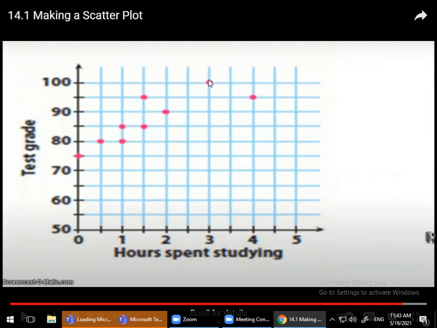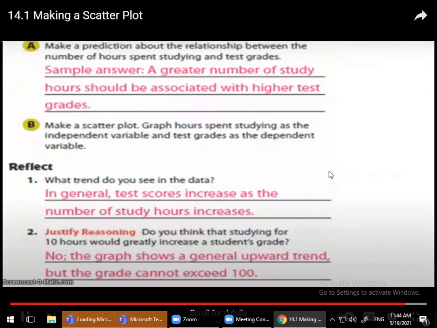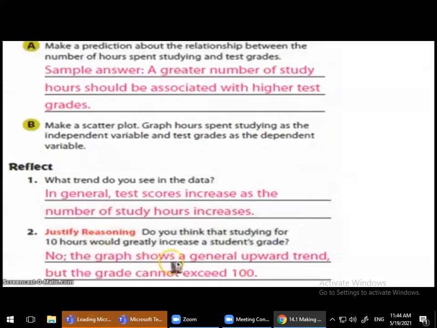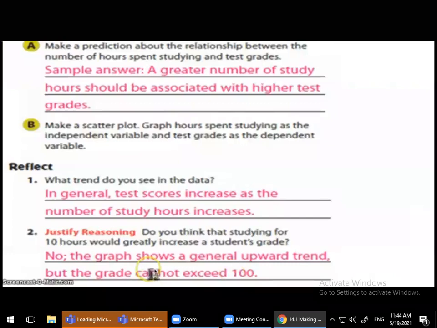But after 3 hours you got 100, and after 4 hours the score goes down. So when we go back to the question, after 10 hours, we would predict no, because the graph shows a general upward trend, but the grades cannot exceed what? 100.